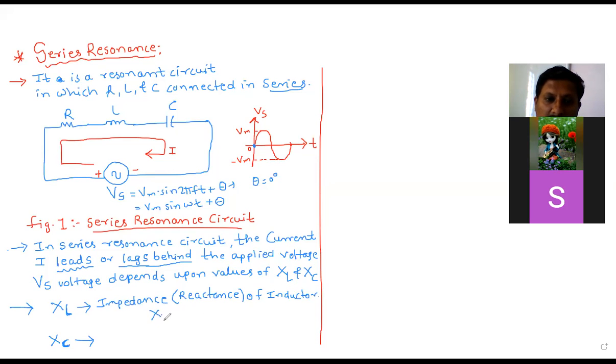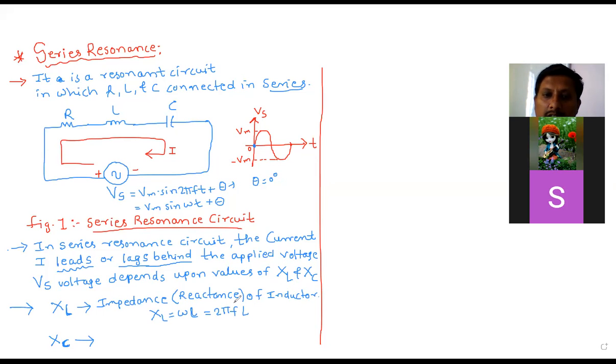XL depends on omega L, where L is the inductance and omega is 2 pi f, so 2 pi f into L. XL changes with the frequency f of the signal. If the frequency is 0, XL is 0.